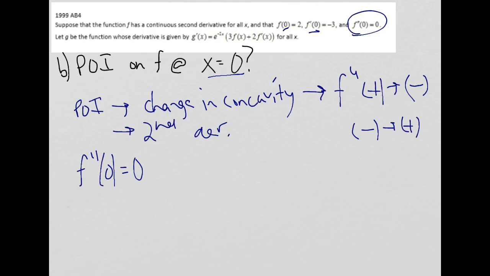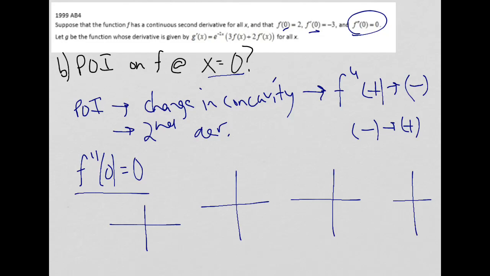So if you think about it, I know that it could, right? I can't rule out the possibility of a point of inflection. But I kind of have 4 separate cases for f double prime.